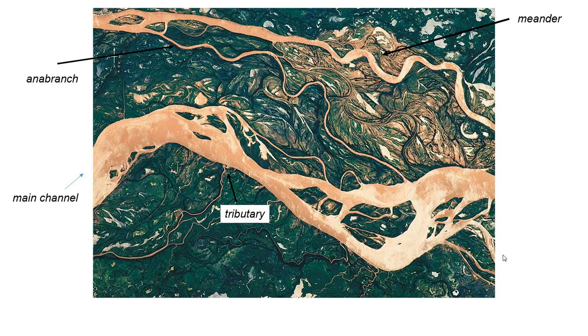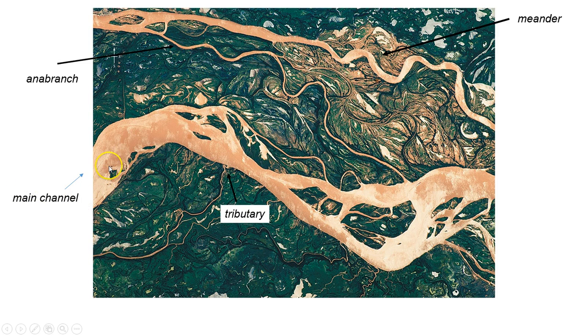Now that we've got an understanding of key physical concepts and characteristics of a river, we can again look at this and label a few of those characteristics. An anabranch we didn't talk much about today, but it's a river system that leaves the main flow and comes back and meets it again somewhere else. So this here would be an example of an anabranch.